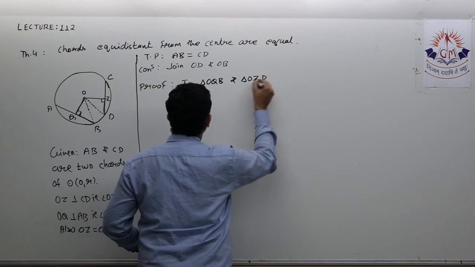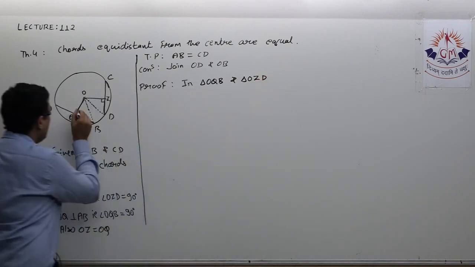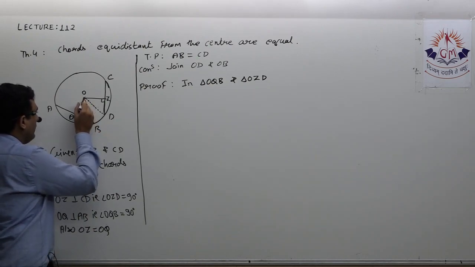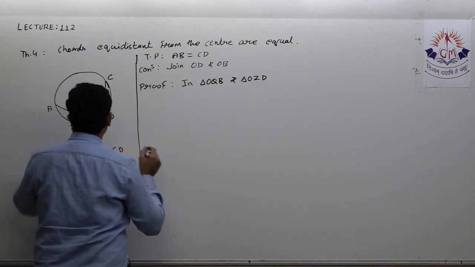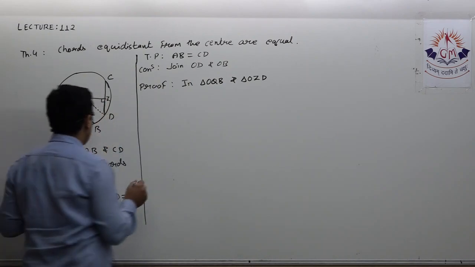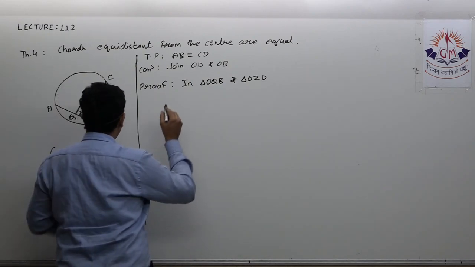Now here this angle is 90 degrees given, this is the radius, so hypotenuse, and OQ equal to OZ given directly. So again we can say these two triangles will be congruent by right angle hypotenuse side.